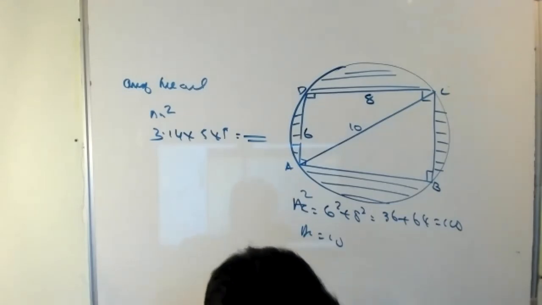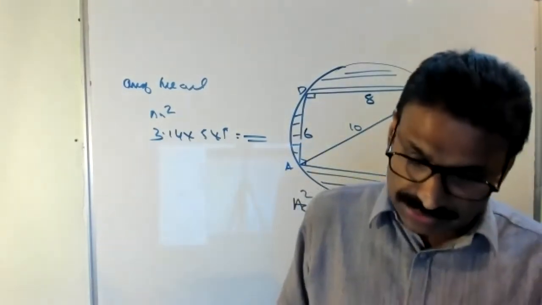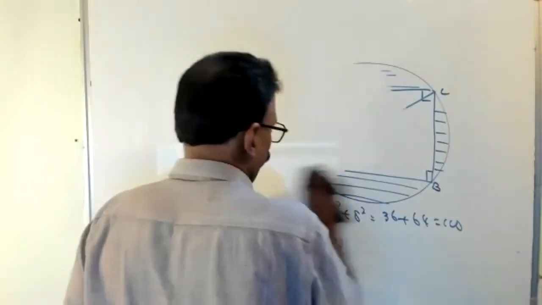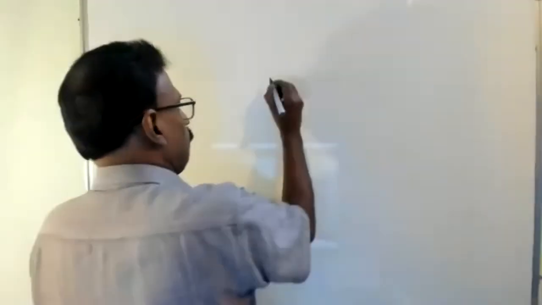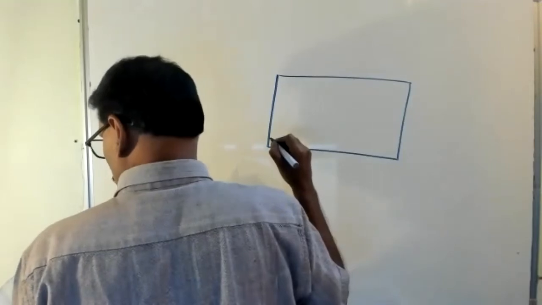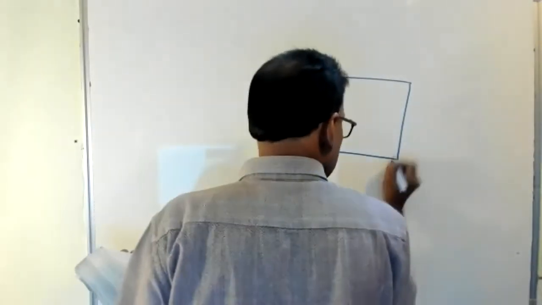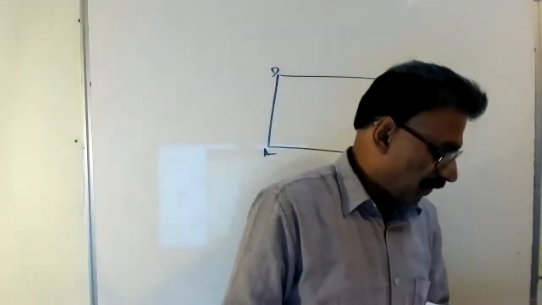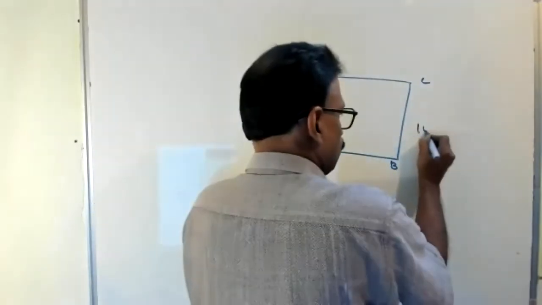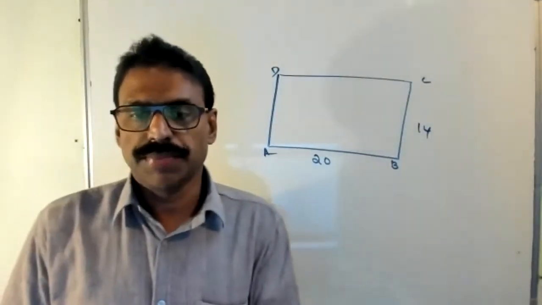A paper is in the form of a rectangle ABCD in which AB is 20, BC is 14.